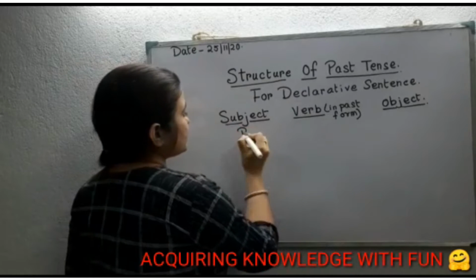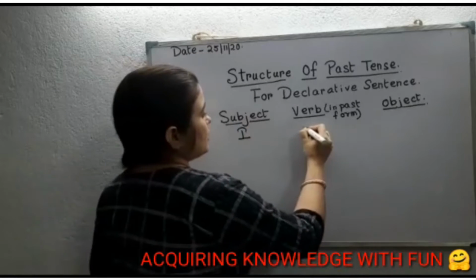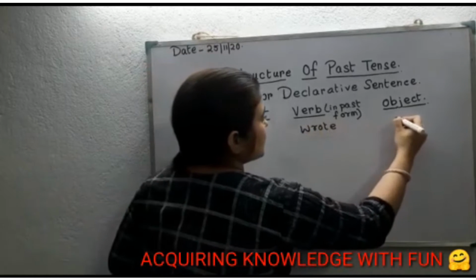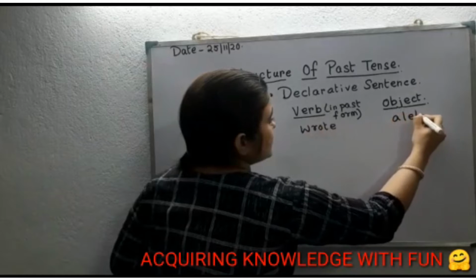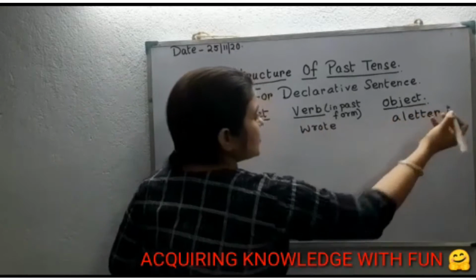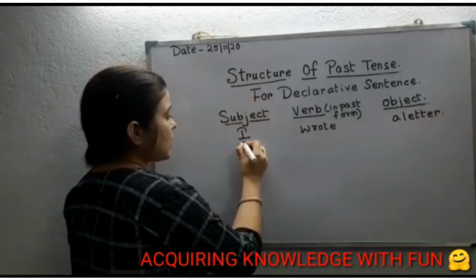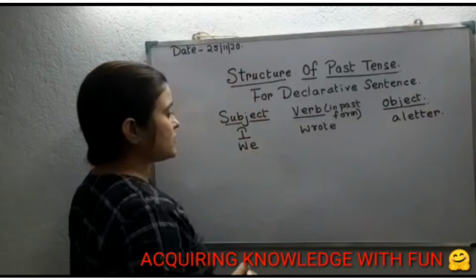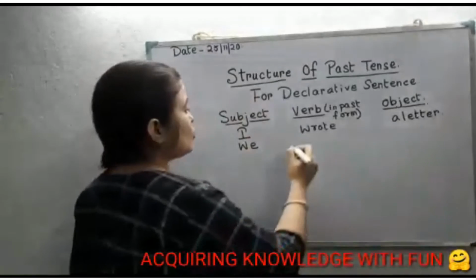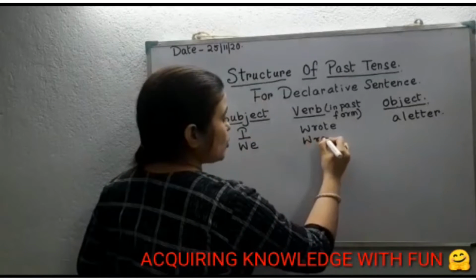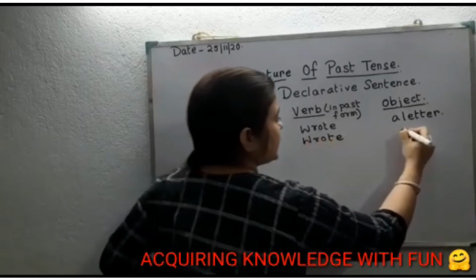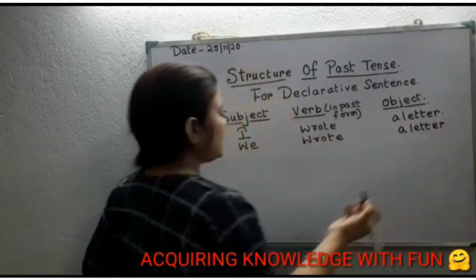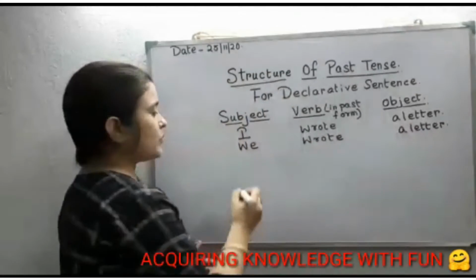I wrote a letter. Then I is in first person singular number. We, first person plural number. We wrote a letter. Okay. Now you all will say.